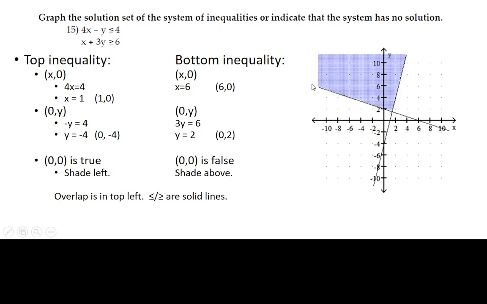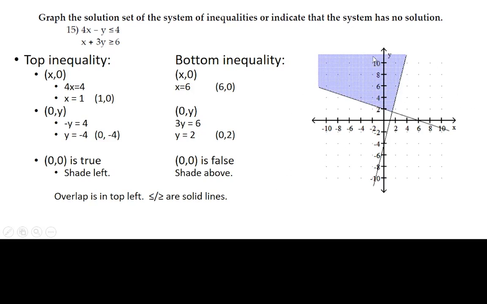Let's check 0, 0 again to find out what side we're shading on. If we plug in 0, 0, we get 0 is greater than or equal to 6. That is false. So we don't shade the side with 0, 0, we shade the other side. We don't shade the bottom, we shade the top. So all of the top is shaded.